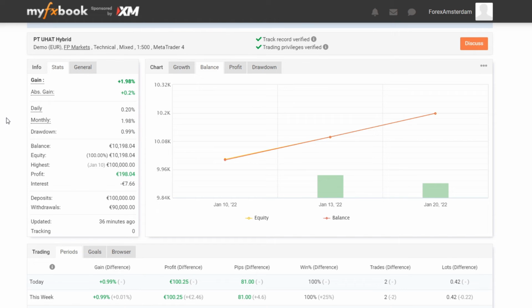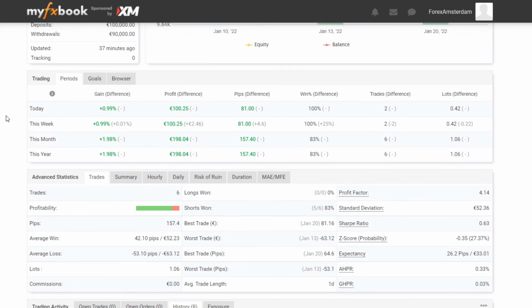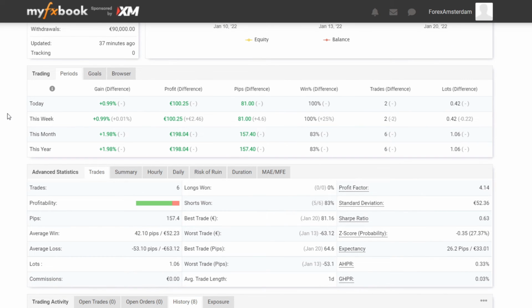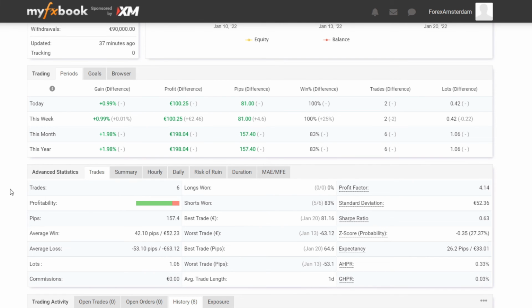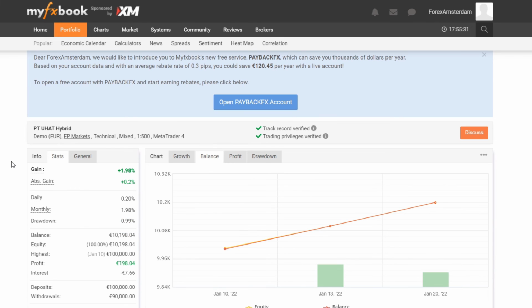So I will continue doing this for a few months, maybe 6 months, maybe a year, and if I'm still satisfied, I think that I will integrate this into my trading strategy. Basically this is the way I will trade in the future if I'm really satisfied with how this performs on a longer term basis.